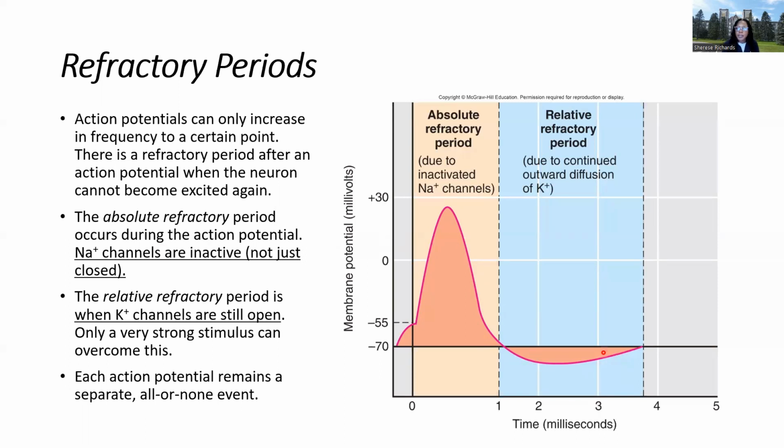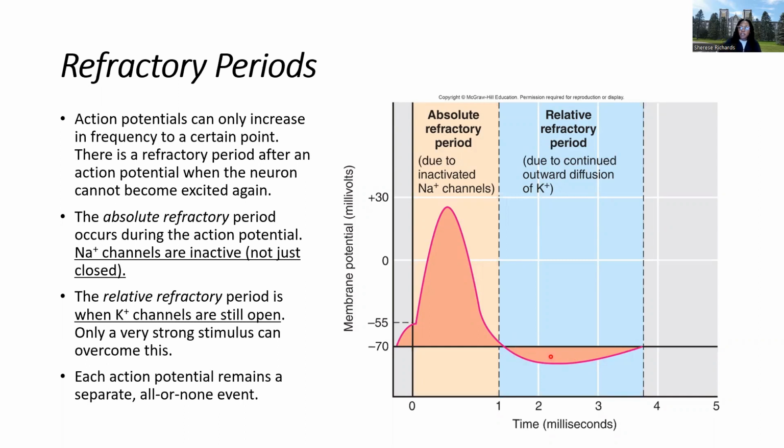And because there are a lot of potassium channels still open, there's still some potassium leaving the cell. And because potassium is leaving the cell, it's going to be harder to fire another action potential. Not impossible, but harder. Because more of that positive charge is leaving, the inside of the cell is beginning to get more negative. You can see that down here.